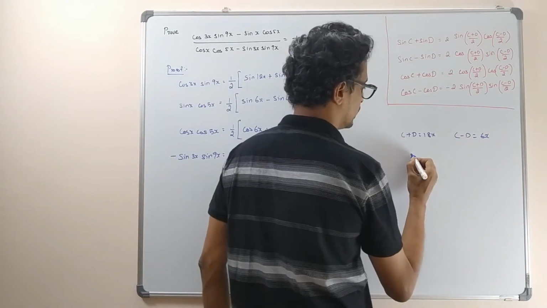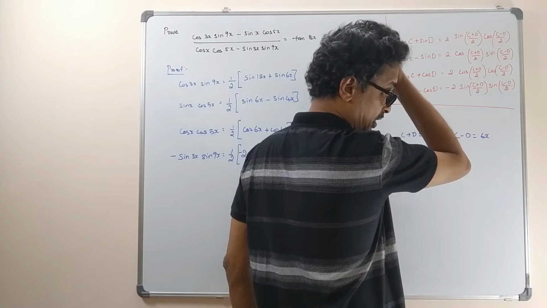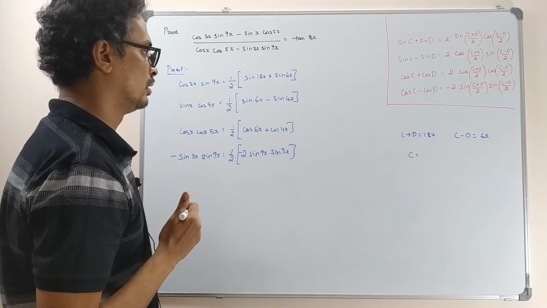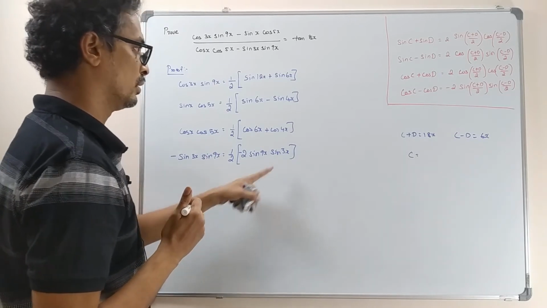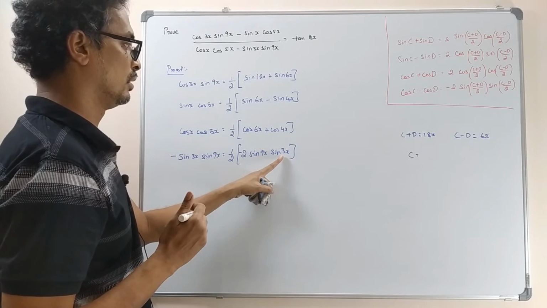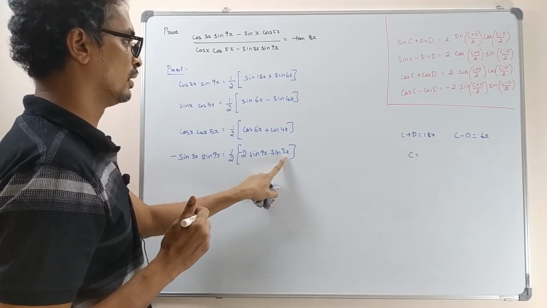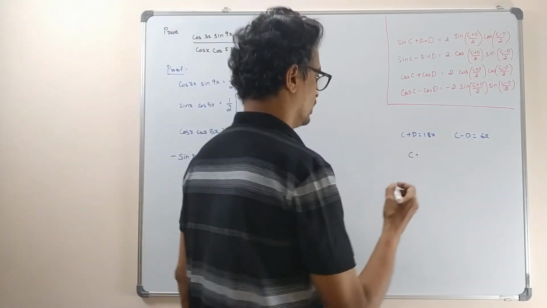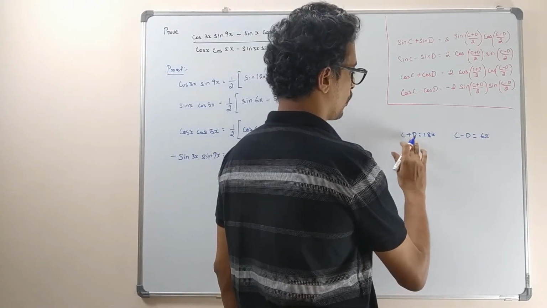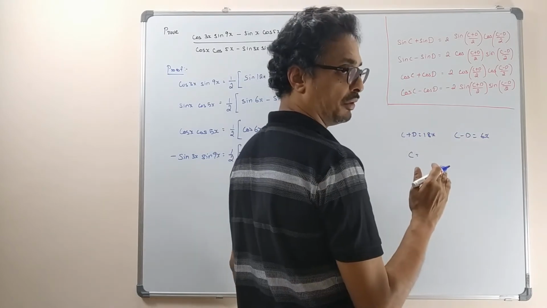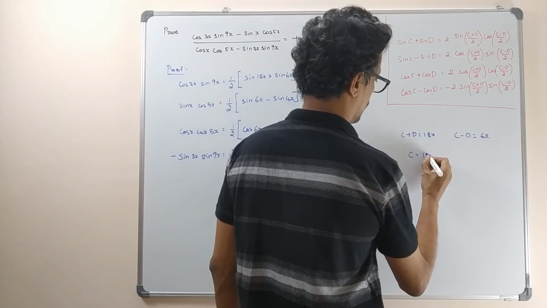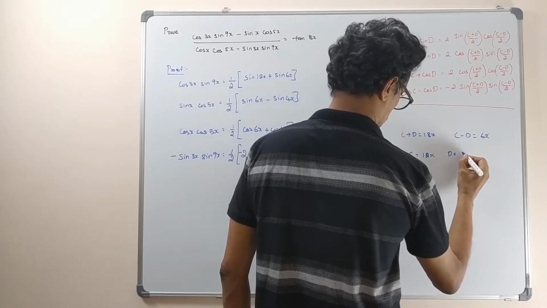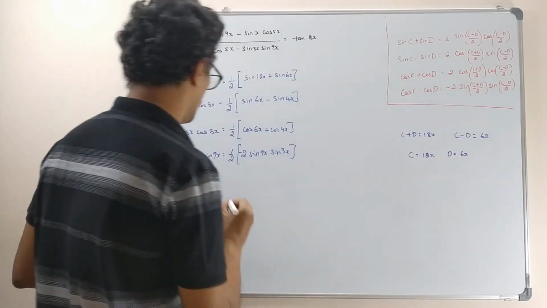So what will be the answer? c plus d is 18x, c minus d is 6x, correct. So c equals 18 plus 6, 24? 24 by 2, 12. 12x. d equal to 6x, correct.